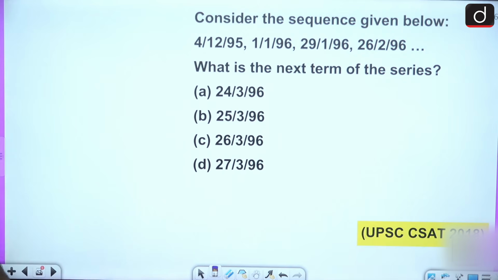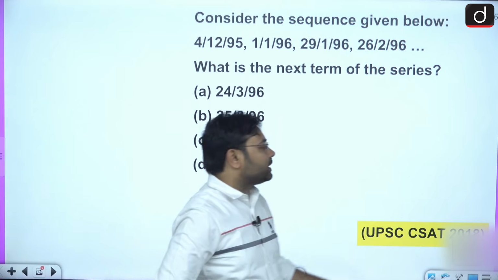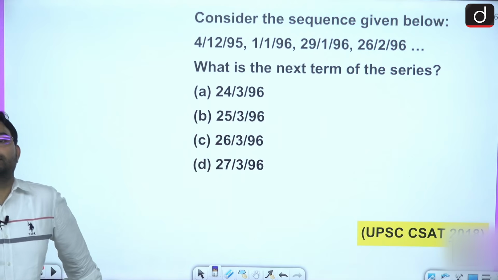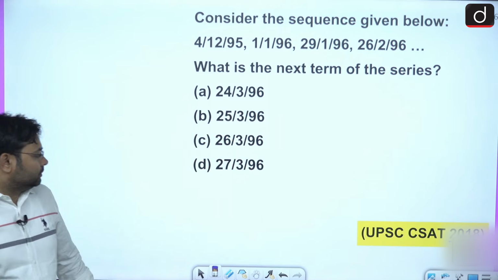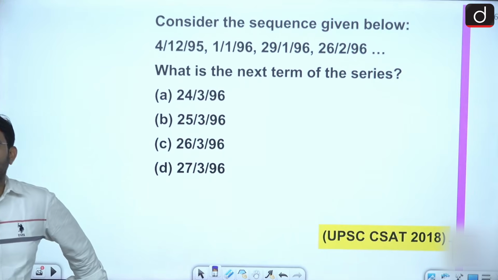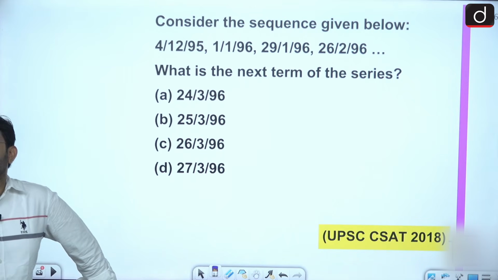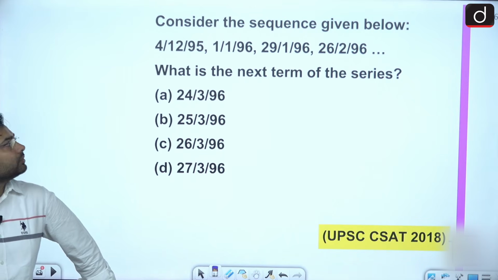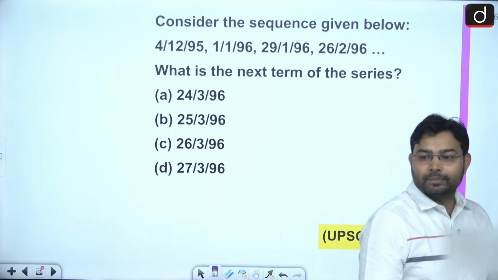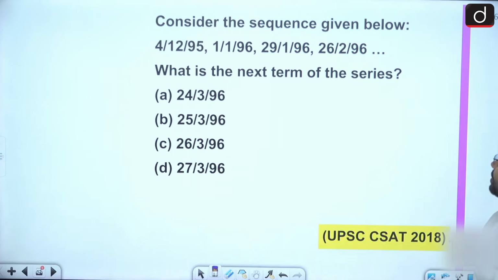Consider the sequence given below. What is the next term of the series? This is from 2018. Option C. Why option C?